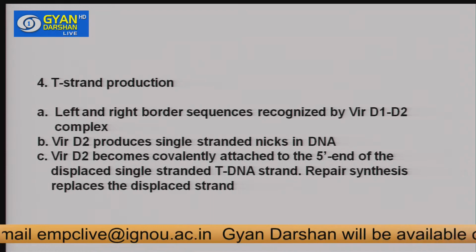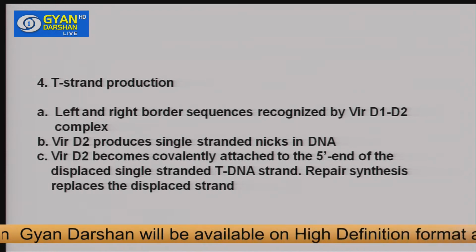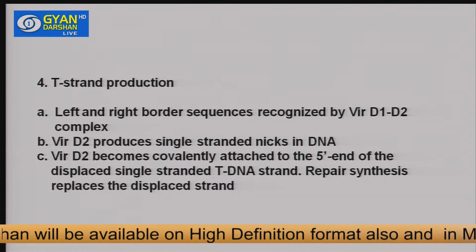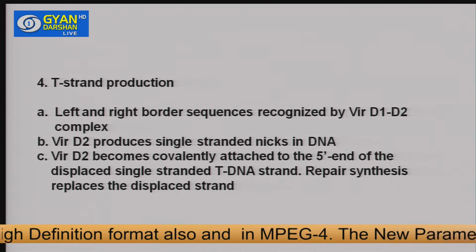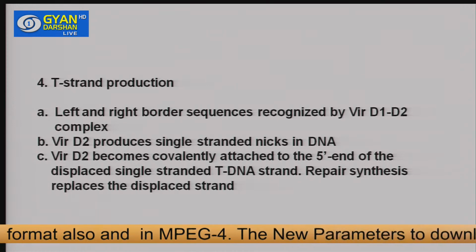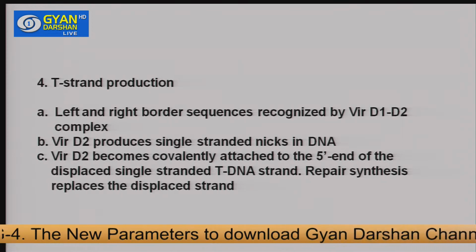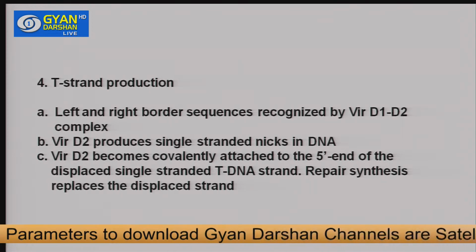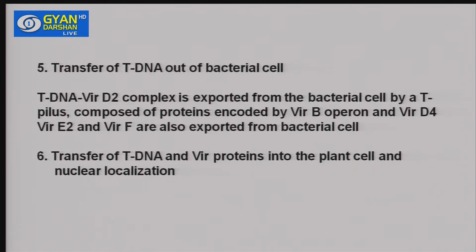Then there will be the T strand production. Then the left border and right border sequences will be recognized. Then there will be a cutting, or single-stranded nicks, at the VirD2 locus, and then VirD2 will become covalently attached to the 5' end of the displaced single-stranded tDNA strand, and several other Vir proteins will bind. Several Vir proteins will form the transfer apparatus and so on.